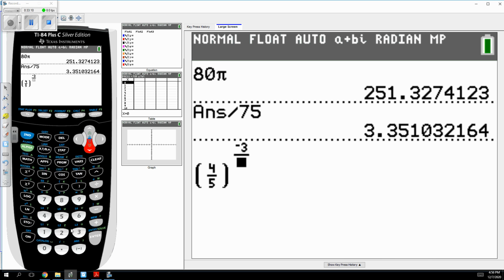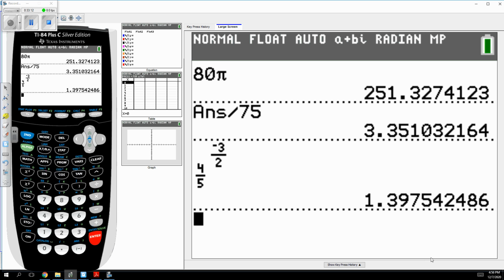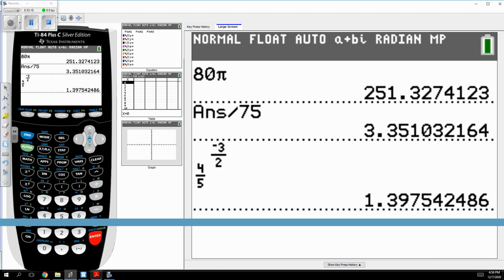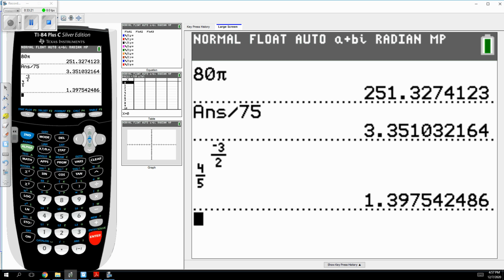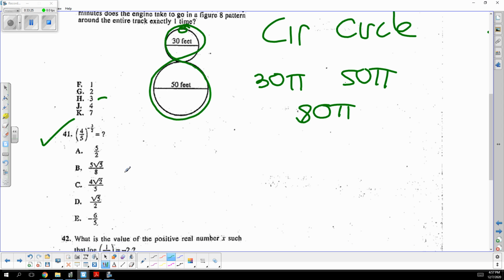You're not going to be happy with me. The answer is 1.39. So it's got to be one of those funky roots. It can't be A, and it can't be E.